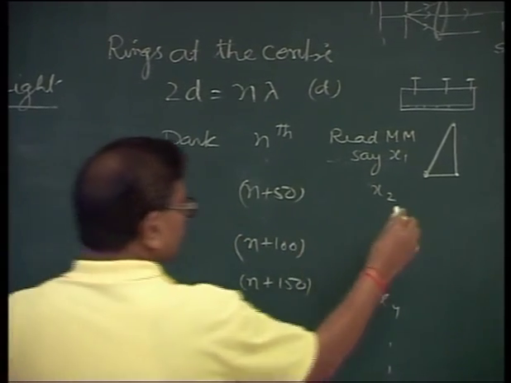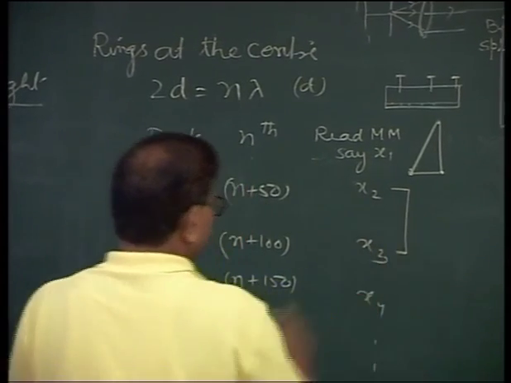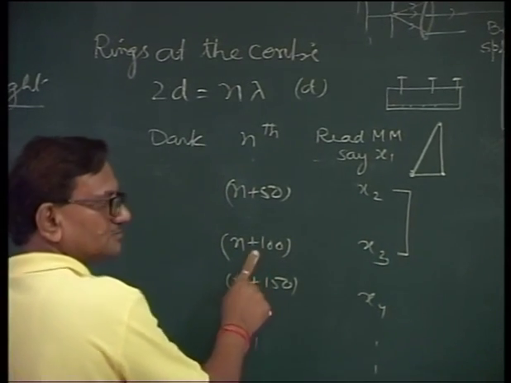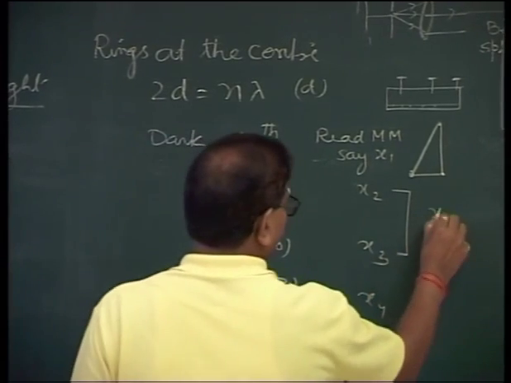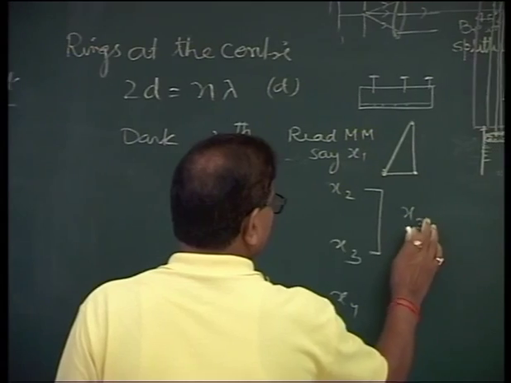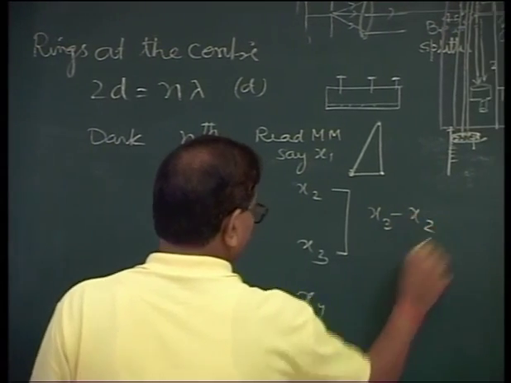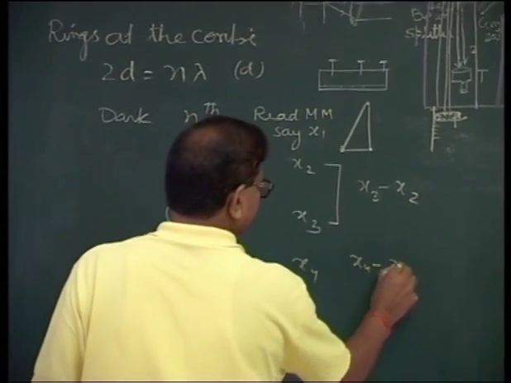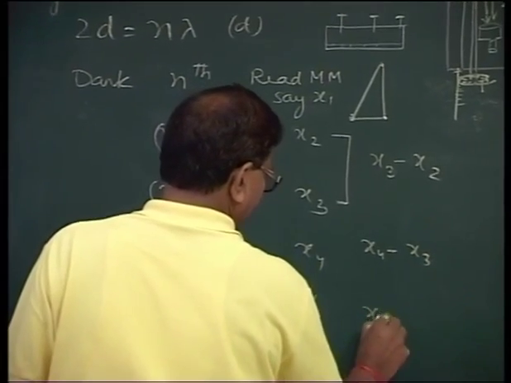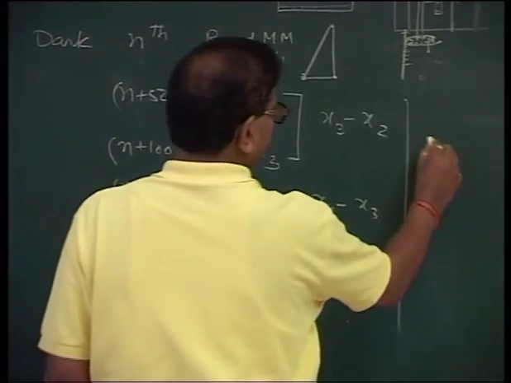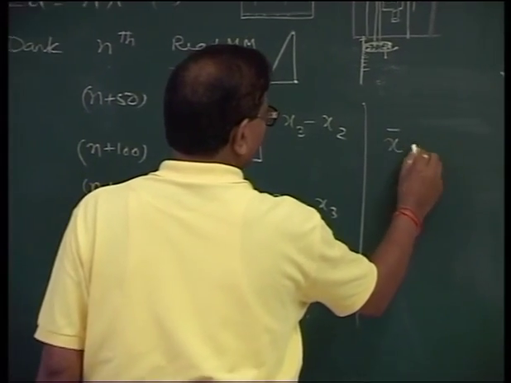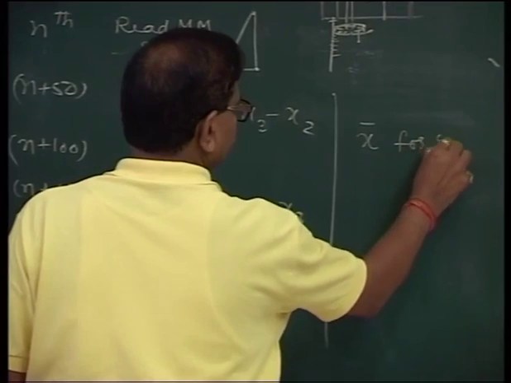We find out the mirror movement for the escaping of 50 fringes. Then we subtract x3 minus x2, then x4 minus x3, then x5 minus x4, and so on. We average this. This average x will be for 50 fringes.